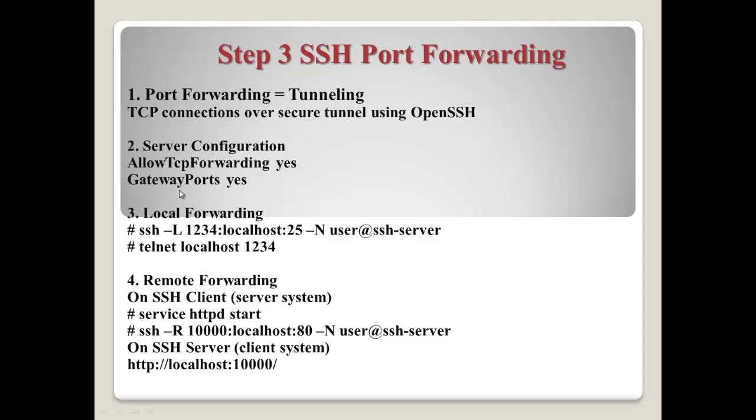If we want to activate this port forwarding service, in the main configuration file you need to activate these two lines: AllowTcpForwarding yes and GatewayPorts yes. If you complete this, then you need to start the SSH server again, and after that, test local port forwarding. In my case, I will test the mail server.